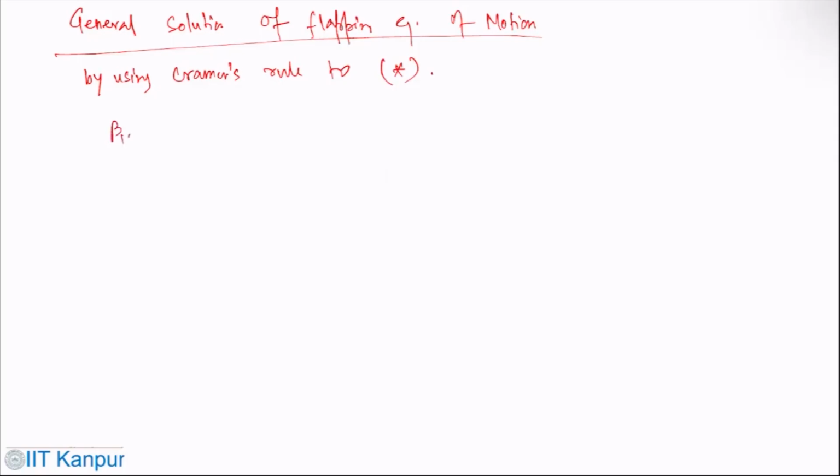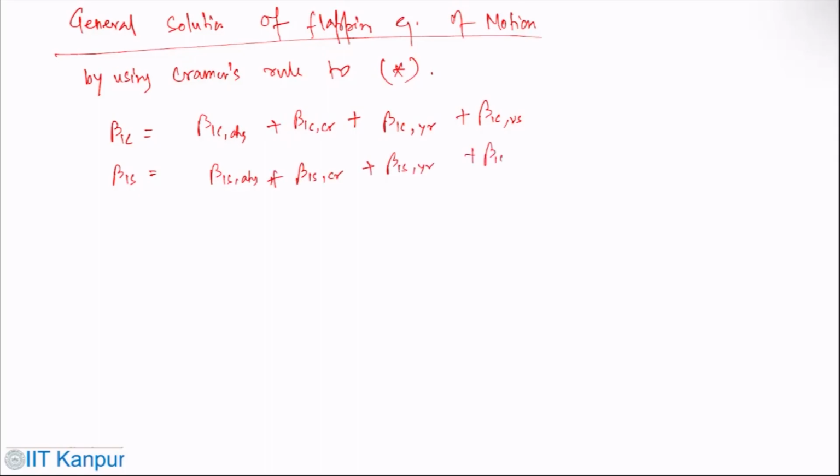So one can say beta 1c, beta 1c crosswind, beta 1c yaw rate, beta 1c nu s. Beta 1s would be beta 1s ag, beta 1s crosswind, beta 1s yaw rate, beta 1s nu s.